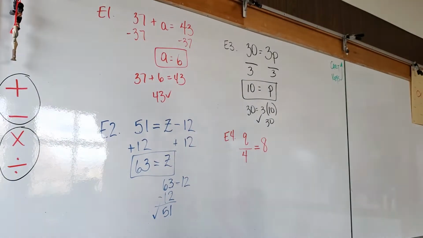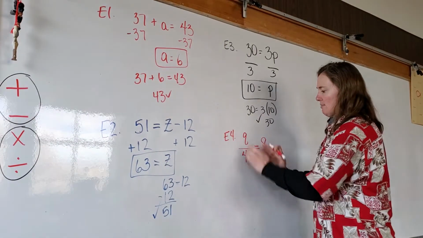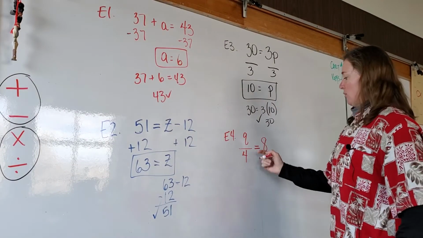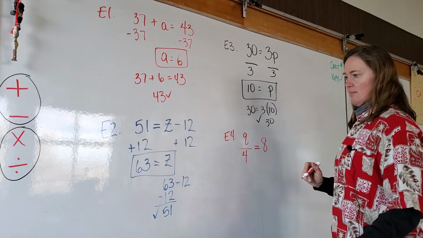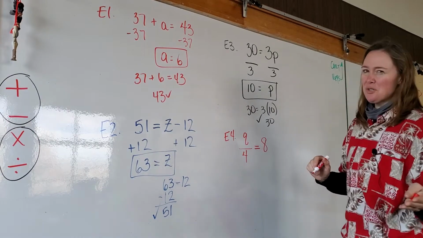Okay, so we got q divided by 4 is equal to 8. Okay, first question, what's happening to the variable? Q divided by 4, well, we're dividing by 4, awesome. What's the inverse of divide by 4? Multiply by 4.